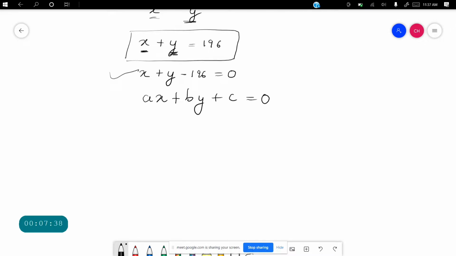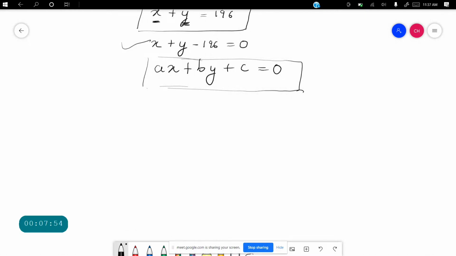We just expressed that statement into this equation, right? That equation can be said in a general way to be in this format, isn't it? ax plus by plus c equals 0. This is the general equation of a two variable linear equation.